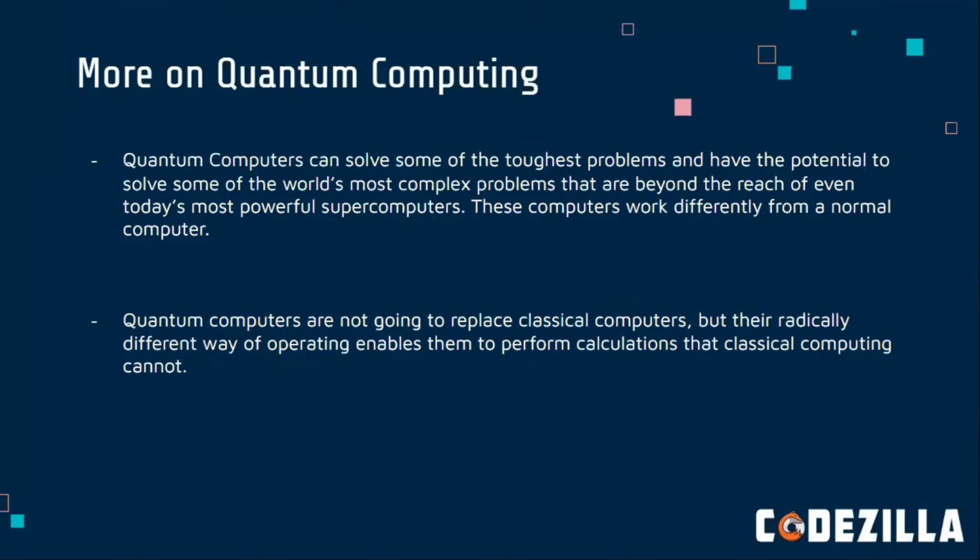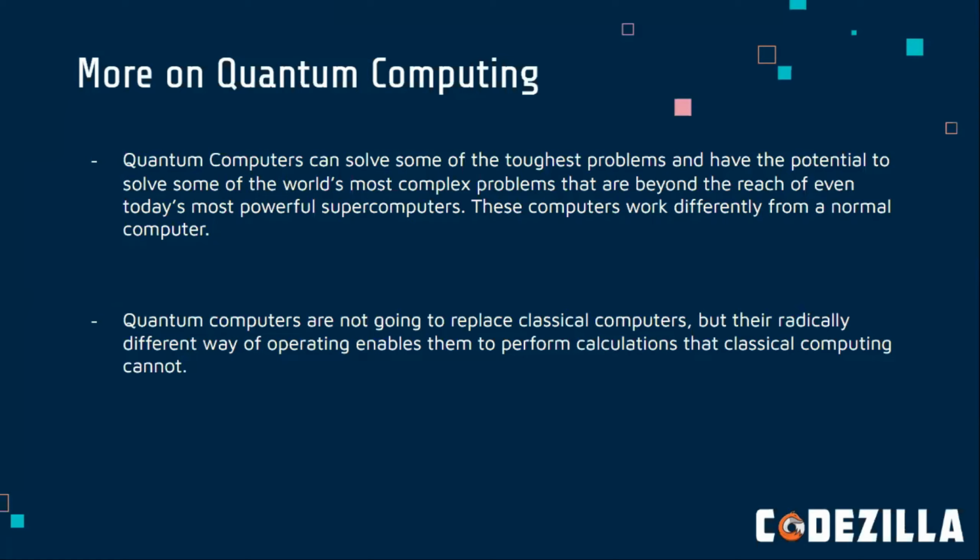Quantum computers can solve some of the toughest problems and have the potential to solve some of the world's most complex problems. These problems are beyond the reach of even today's most powerful supercomputers. This is because quantum computers have the potential to process exponentially more data compared to classical computers and supercomputers.